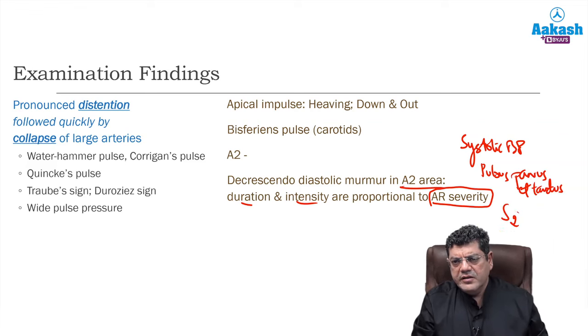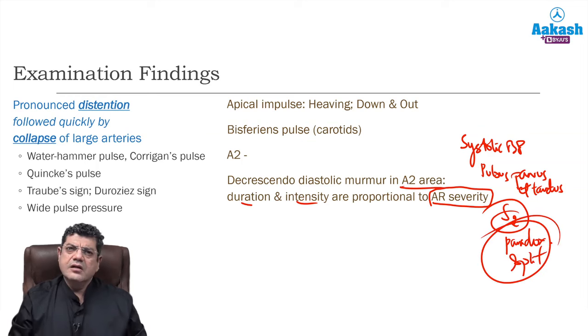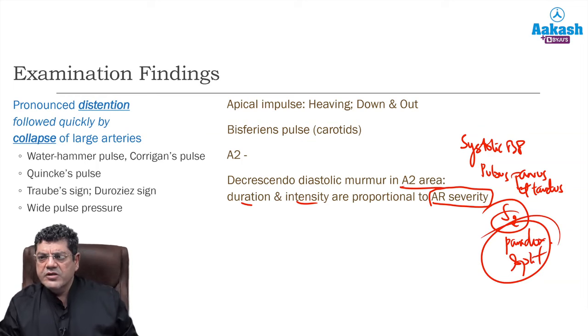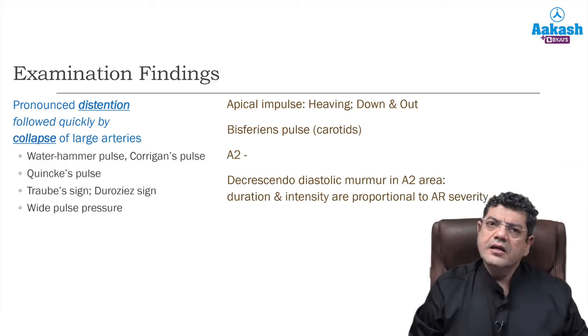It can be told by the S2. If it's paradoxically split, that means the aortic stenosis is severe, because that is what is causing the left ventricle to empty very slowly and the A2 to come very late.